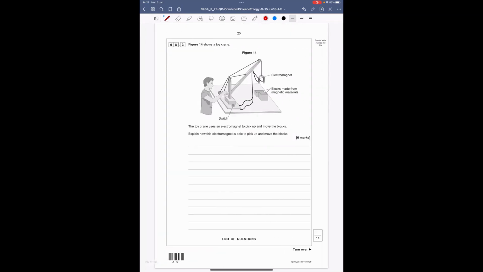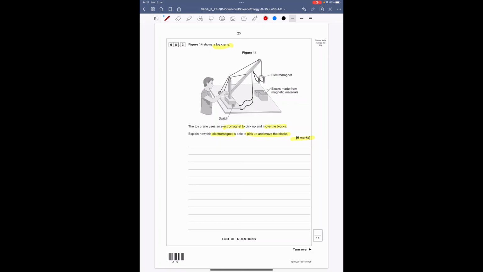Right, last question then on this paper. Figure 14 shows a toy crane. The toy crane uses an electromagnet to pick up and move the blocks. Explain how this electromagnet is able to pick up and move the blocks, and we've got 6 marks.